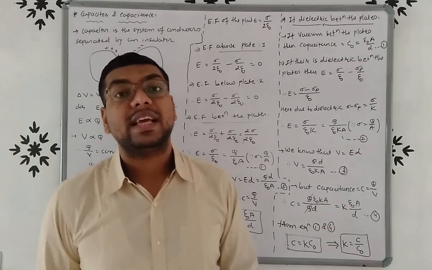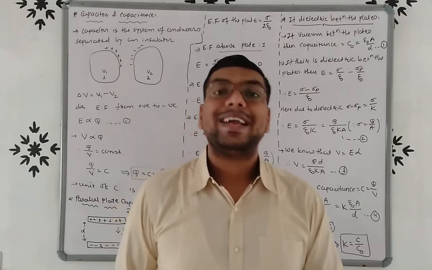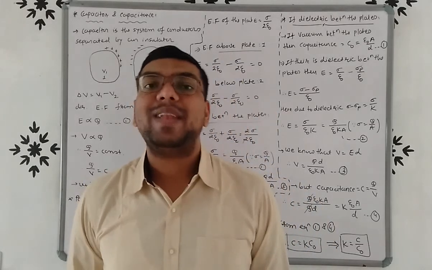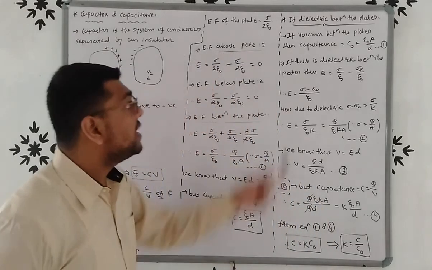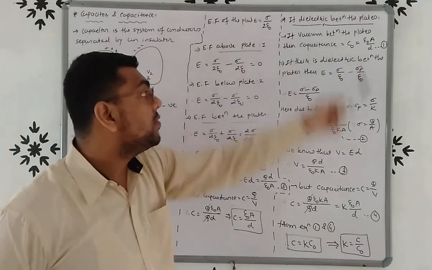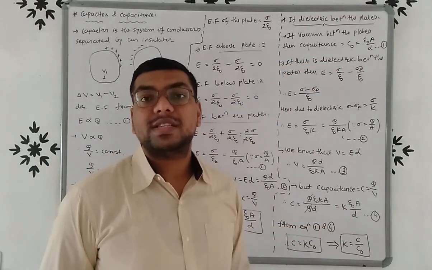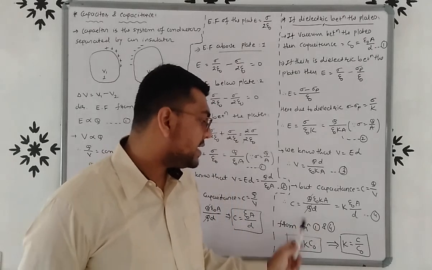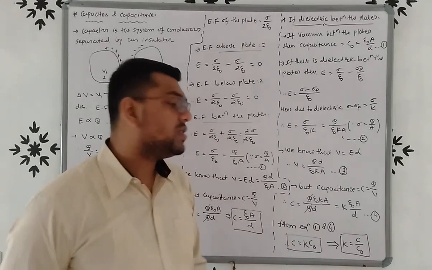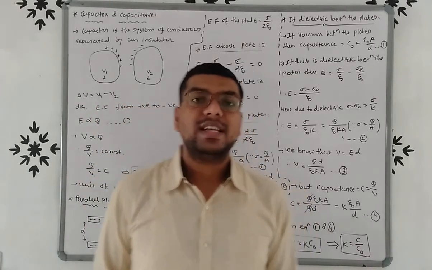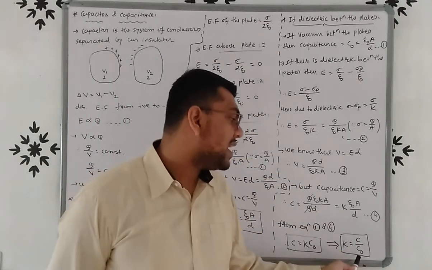It is the capacitance when vacuum is between the plates, C0. So C is equal to K into C0, or we can say K is equal to C by C0.